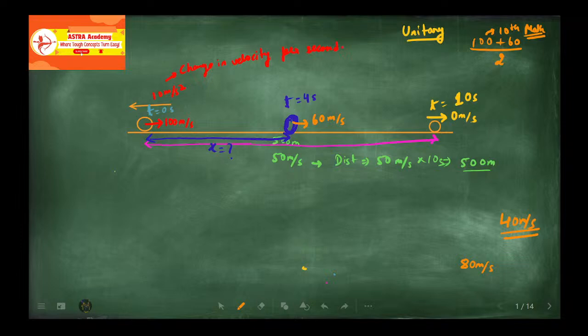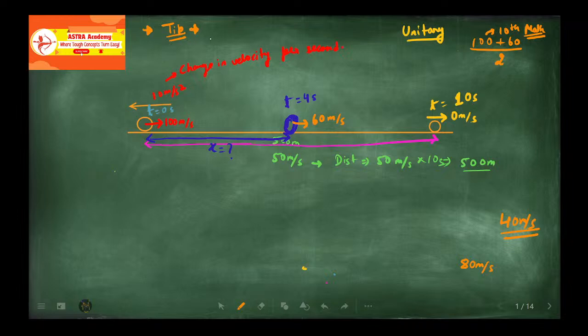Okay. Now listen carefully. At this point of time, the speed is 100 meters per second, and at this point, the speed is 60 meters per second. The average of 100 and 60 is 80. I will give you a simple tip. The arithmetic mean is always the middle number between the two numbers.